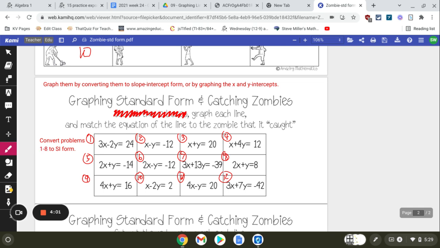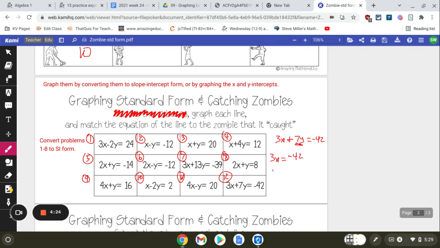All right, so I've got 3x plus 7y equals negative 42. To find my x-intercept, I'm going to plug in 0 for y. So that leaves me with 3x equals negative 42, and you would divide by 3.